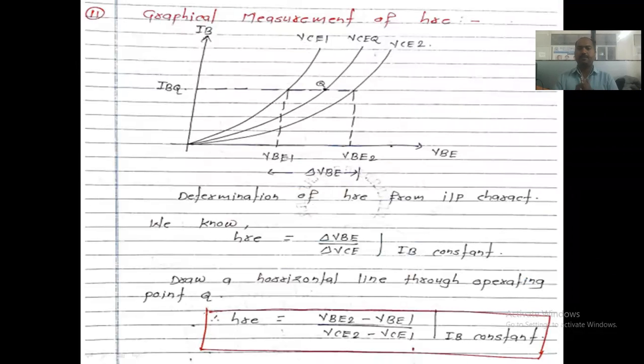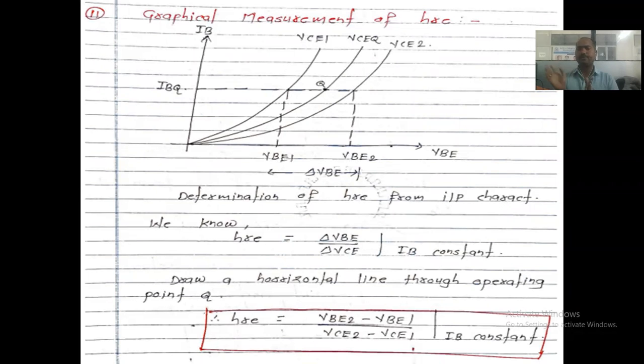See, another parameter, hre. hre, the r indicates reverse, that is the reverse voltage ratio, right? hre indicates the ratio of the input voltage to the output voltage, V1 upon V2, which is the reverse thing.